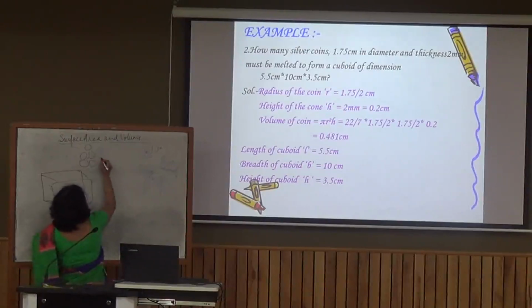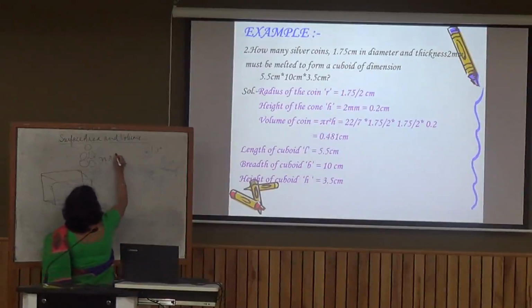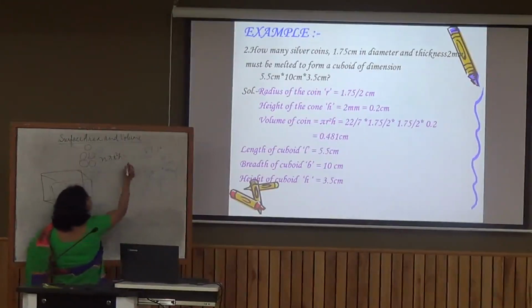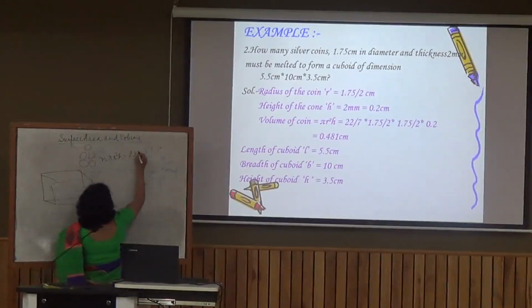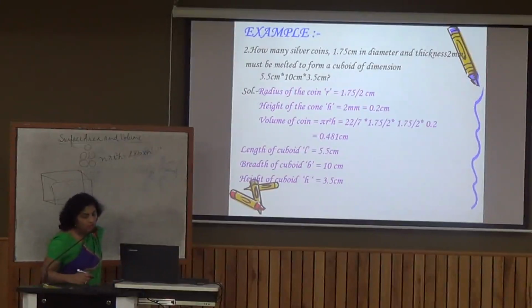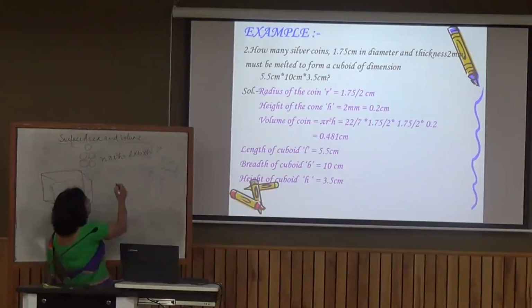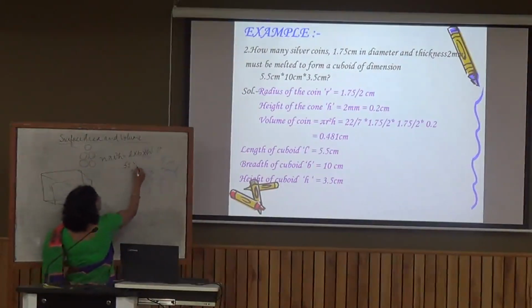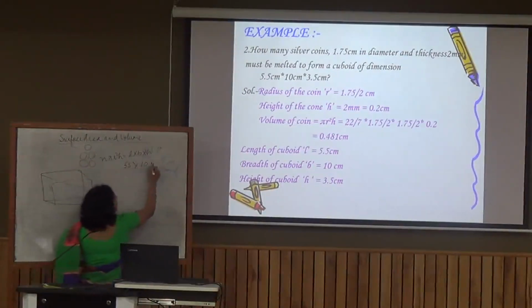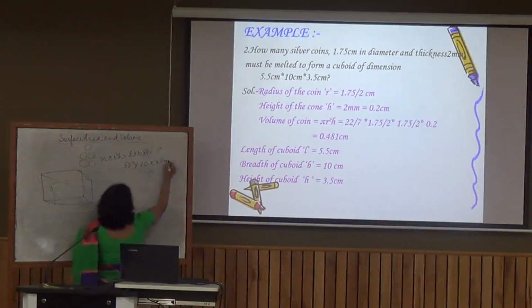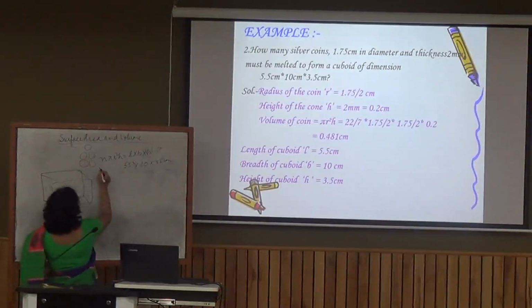We have, if n number of coins are being melted, so n into pi r square, which is volume of cylinder, is equal to L into B into H. We have been given length of cuboid as 5.5, breadth as 10 and height as 3.5 centimeter. We have pi as 22 upon 7.